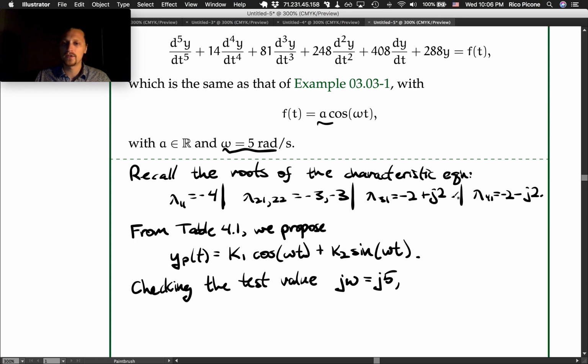These two are the only two that have any imaginary part at all. But even if this was -2 plus j5, it's not equal because there's a real part here. So there's no j5 showing up in the roots of our characteristic equation. So we're fine. We don't have to be concerned with this edge case of needing to multiply by t raised to the multiplicity of that root. We're good.